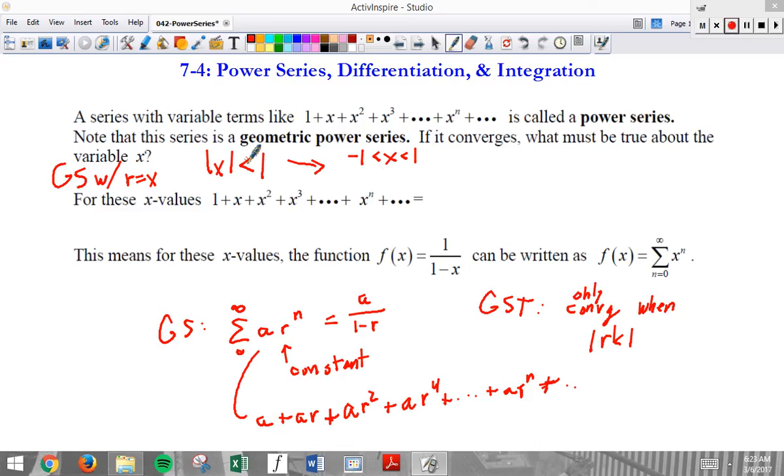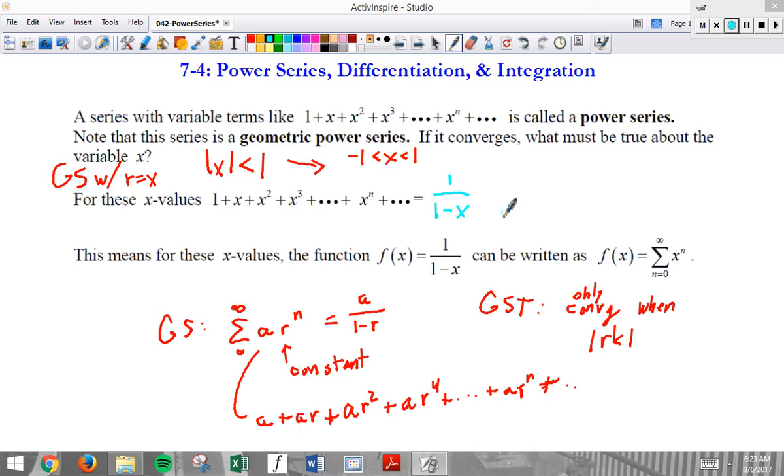So now, if it converges, then I'm equal to the first term divided by 1 minus r.